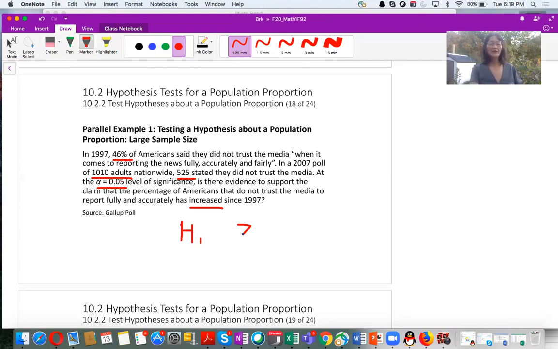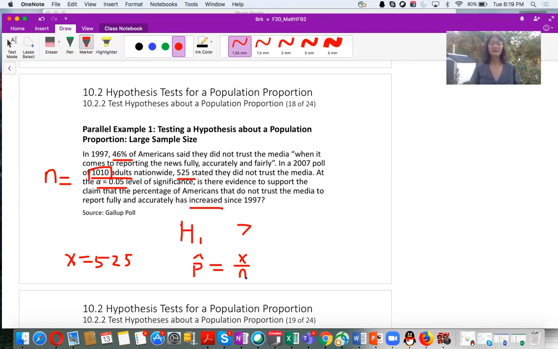Again, in this question you are given the sample data: sample size N equal to 1010 and X equal to 525. Based on X and N, you can calculate the sample proportion p hat, X over N. Then, based on the formula, you get the test statistic.